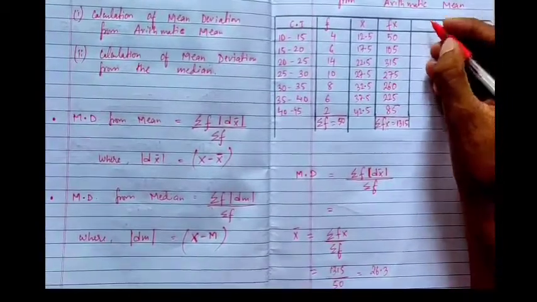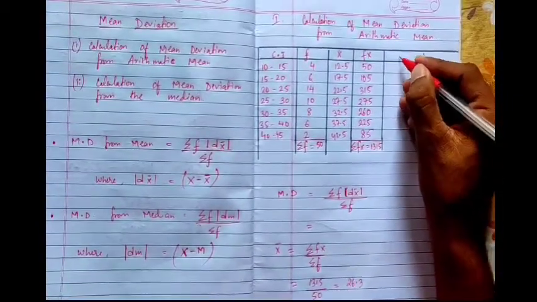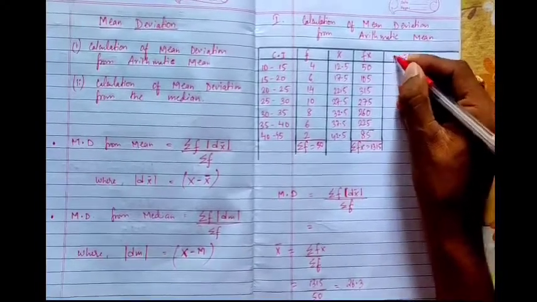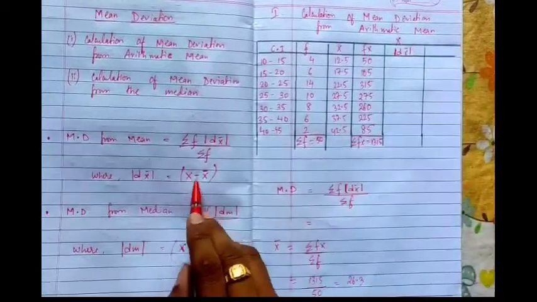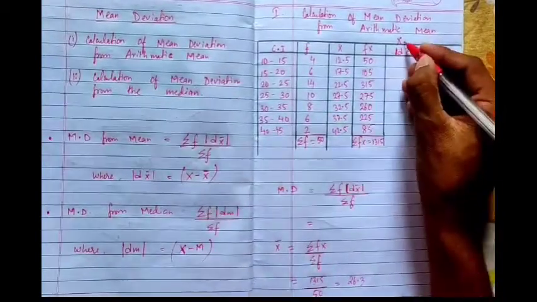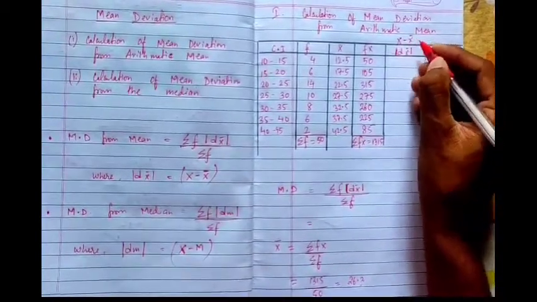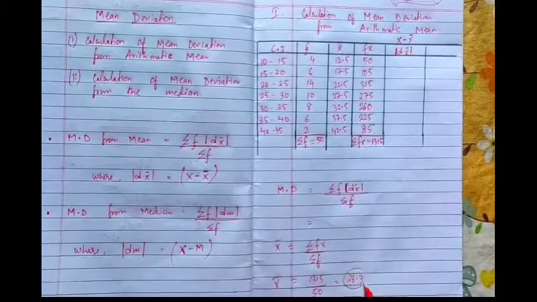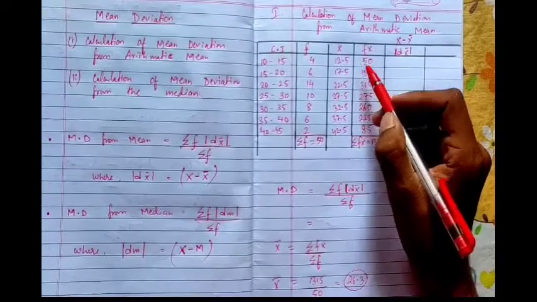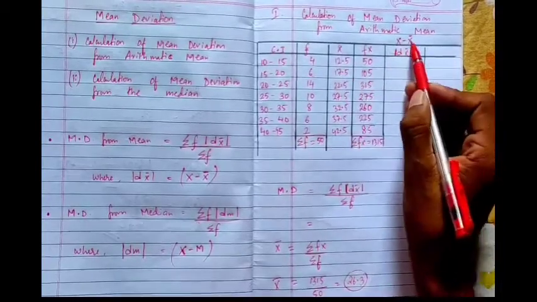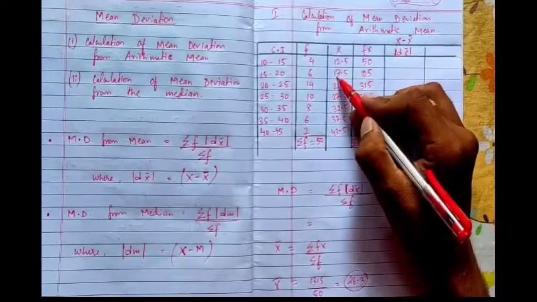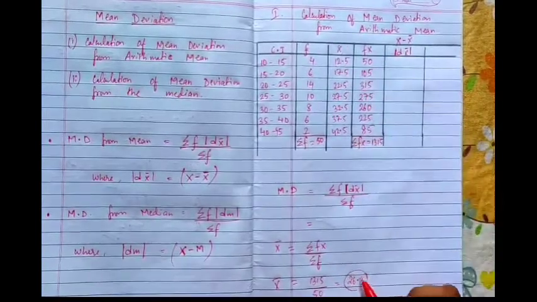So now we can calculate dx bar inside the modulus. What is the formula? I gave the formula x minus x bar. Now we have x and we know x bar, that is 26.3. How will we proceed? 12.5 minus 26.3, then 17.5 minus 26.3.